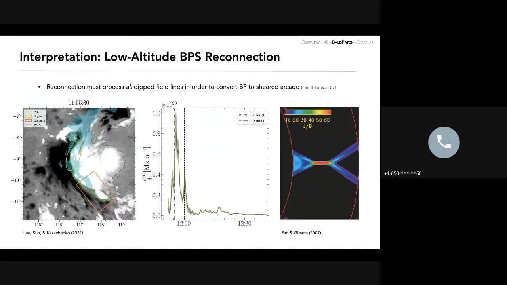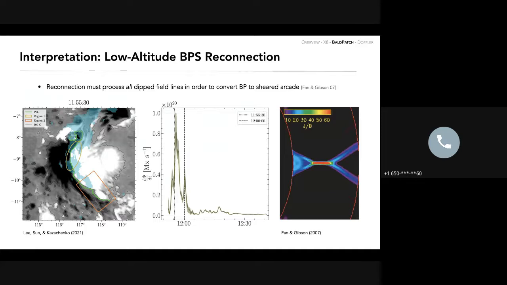Right. So we are trying to interpret this as a consequence of the reconnection in the flare current sheet that proceeds all the way down to the photosphere in the central region. And this is consistent with Ionosphere and Fan's simulation 2007, where they contrast one torus unstable flux rope with a kink unstable flux rope.